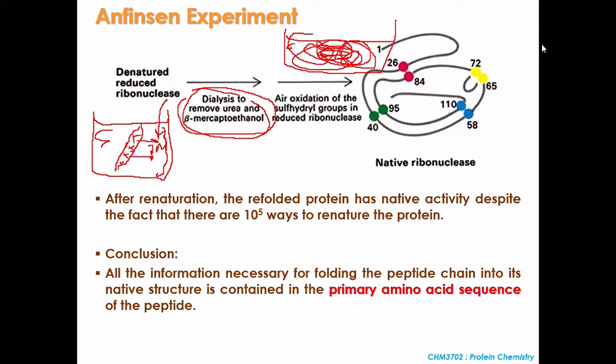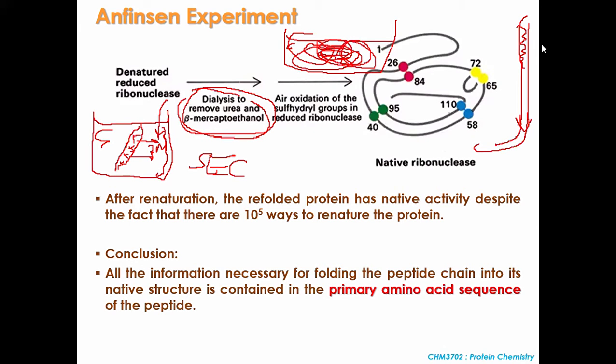Dialysis is a long process, but now people replace it with HPLC. That is faster. With HPLC, we call it size exclusion chromatography. 3401 pernah dengar kan? So we put the sample in a column with certain resin, and then the protein will be retained inside, and the small molecules will go out of the column.